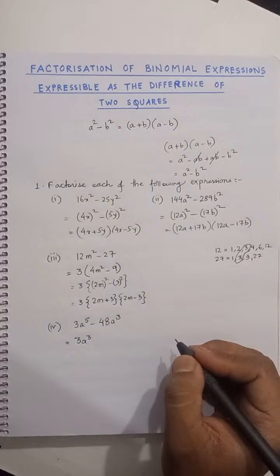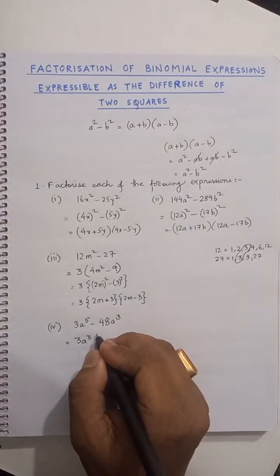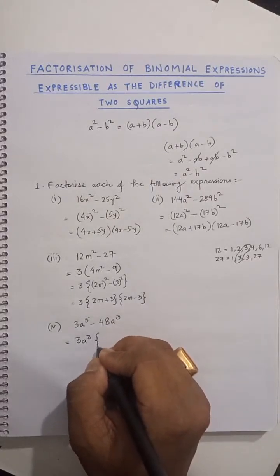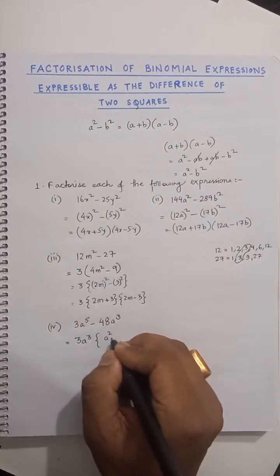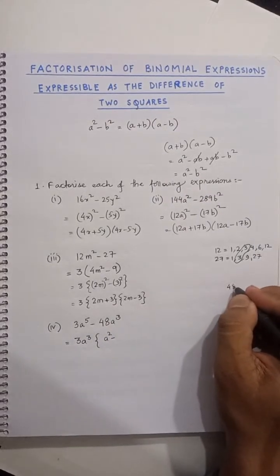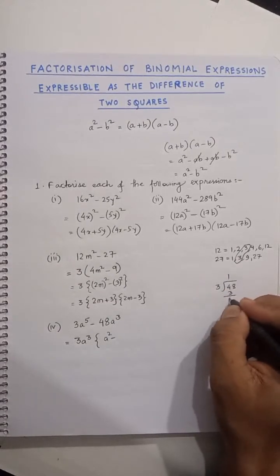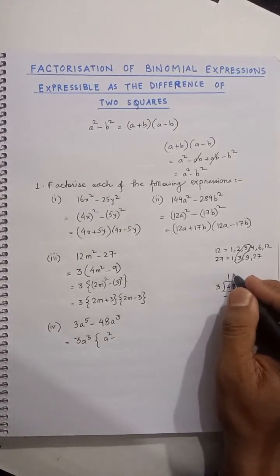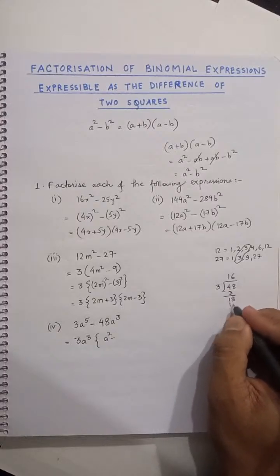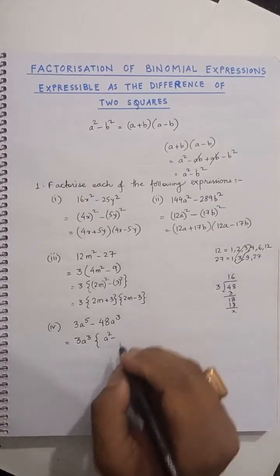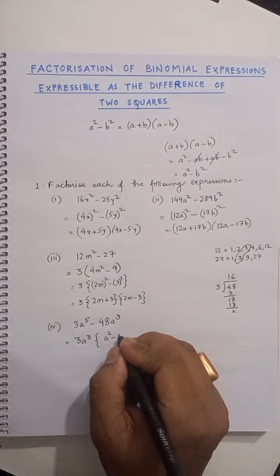Okay. So in that case, we will be left with a square minus, so what's 48 divided by 3? 48 divided by 3 is 16. So a square minus 16.